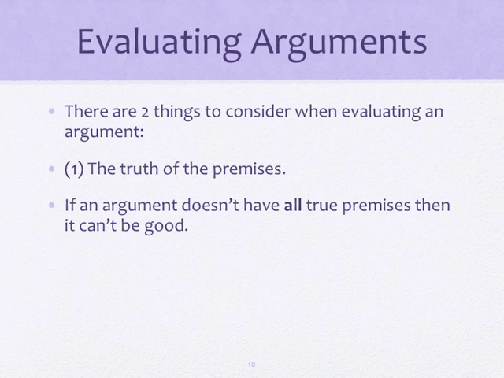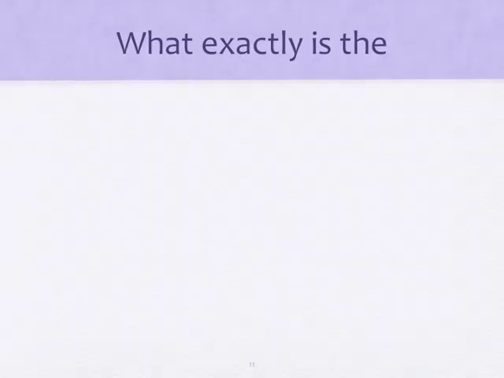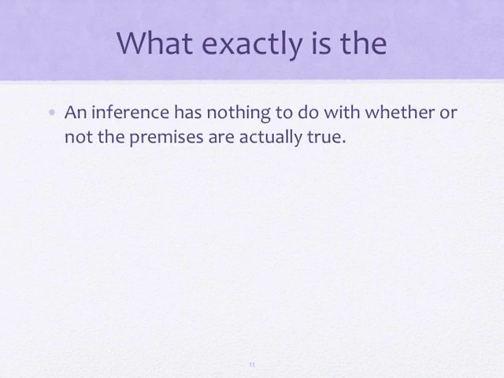The second one is a little bit more complicated, and it has to do with something called the inference. Likewise, if the inference of the argument is bad, the argument can't be good. Well, what exactly is the inference? Well, first off, it is completely independent.